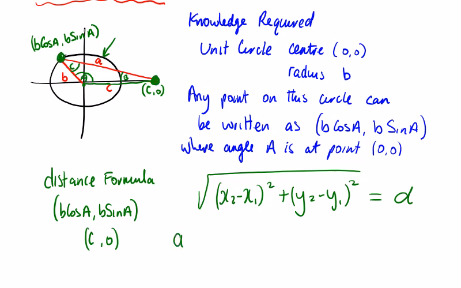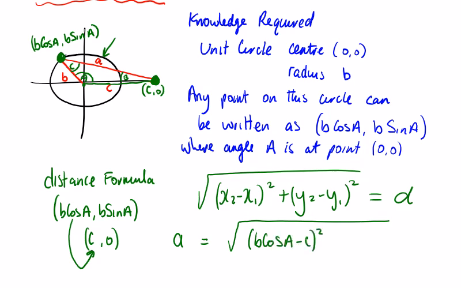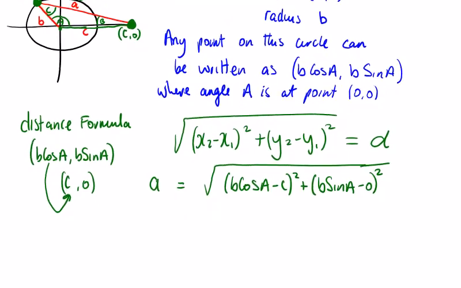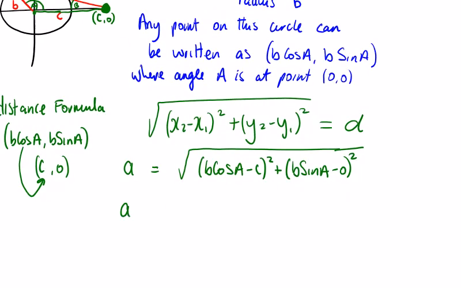So a is equal to the square root of, now it's easier to go from b cos a to c, so we'll do b cos a minus c to be squared plus b sin a minus 0, we don't need that 0 in there, to be squared. So a squared, if I square both sides at the same time, I'm going to get this bracket to be squared.